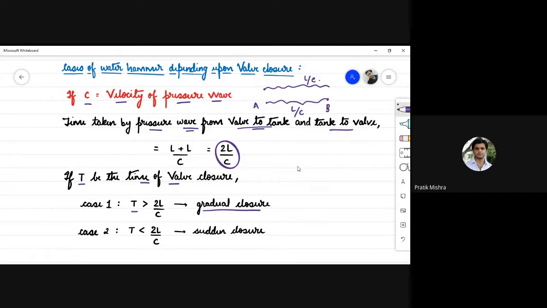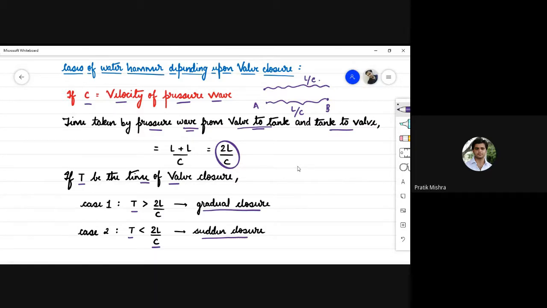Second, if this time of closure of valve is less than 2L by C, then that closure is known as sudden closure of valve. ठीक है, तो कितने टाइम में valve क्लोज हुआ है उस पर डिपेंड होकर हम क्लोजर ऑफ valve को दो कैटेगरी में डिवाइड कर सकते हैं. Either it will be a gradual closure or it will be a sudden closure.